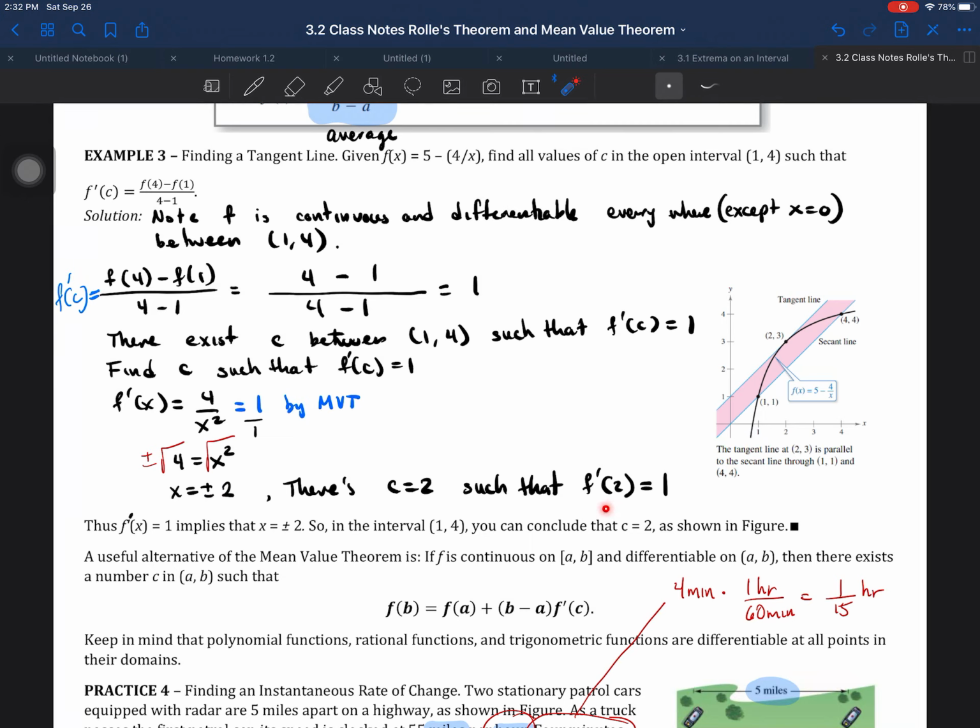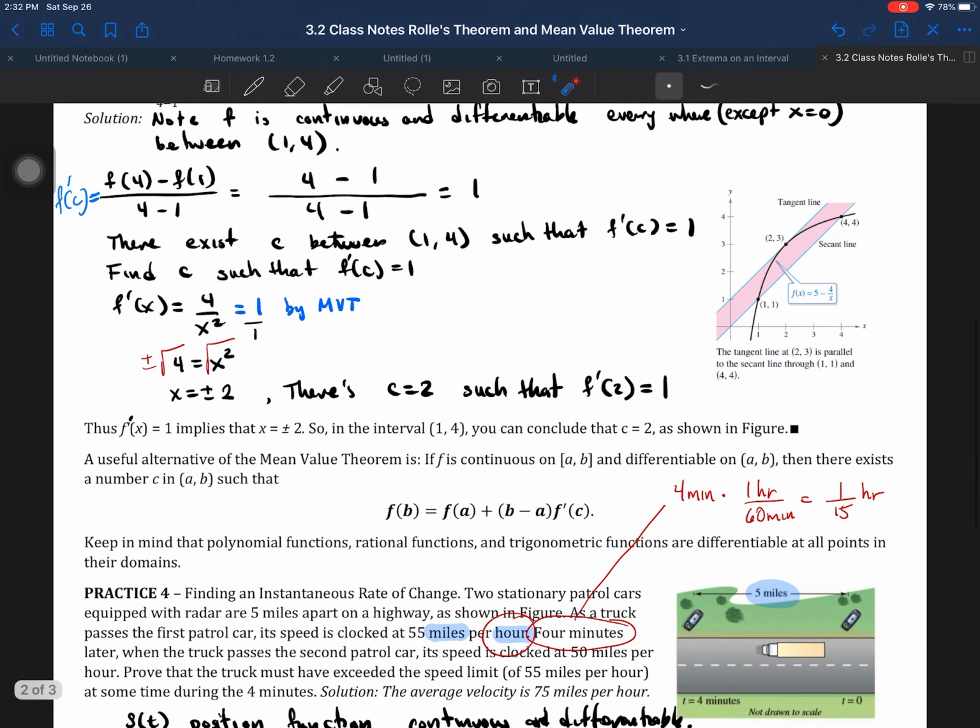So c equals 2, f prime of 2 will give us 1. We can see the logic behind it. The average value of the function gives us the slope of this, and then at some point this will be the tangent line at some point, and that's what we got.